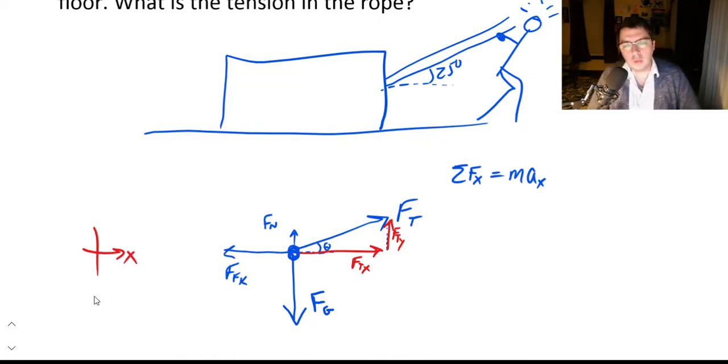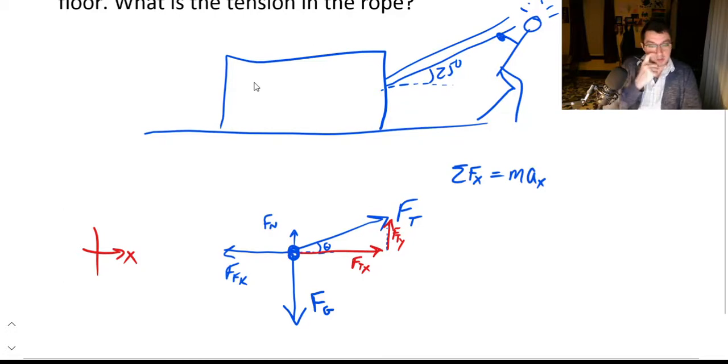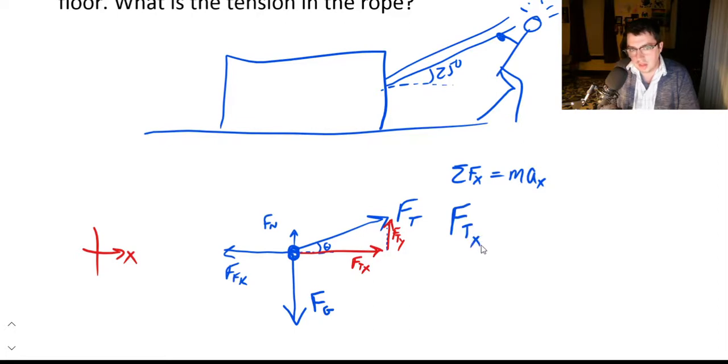So I have x and y components for that tension force. I must break every force at an angle in my coordinate system into x and y components. So for my x direction, one of my forces in the positive x direction is F tension, the x component of that. And then in the negative x direction, I have the force of kinetic friction, F_fk.